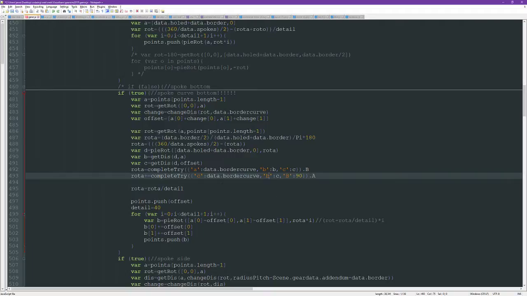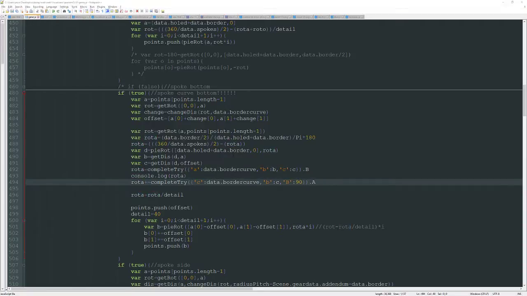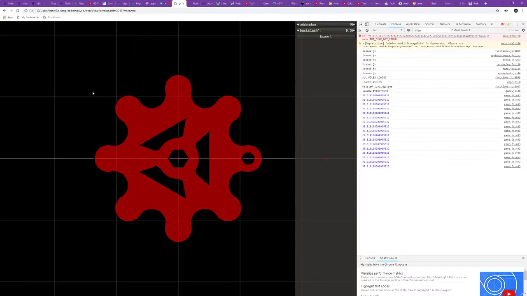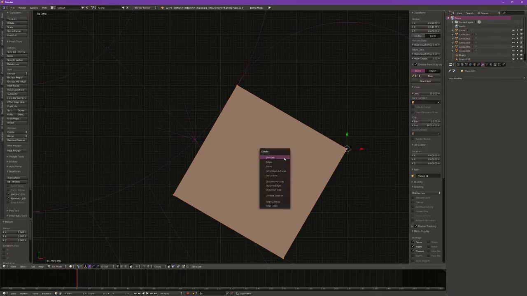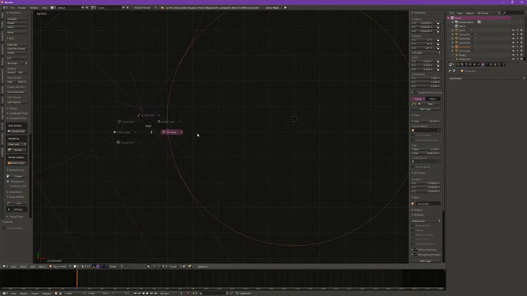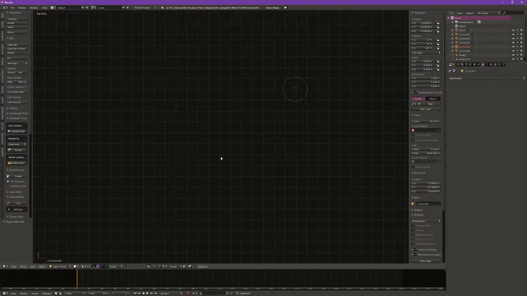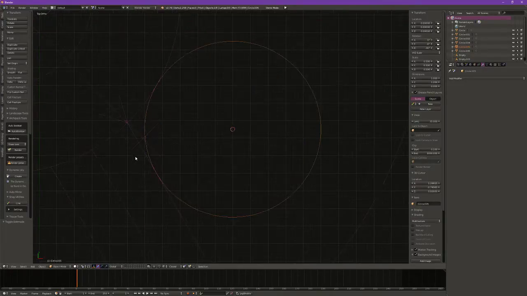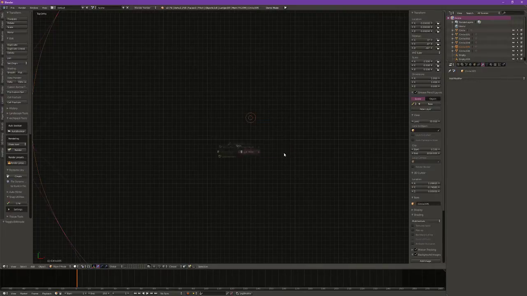Now we're pushing in an initial. What are these? What's that one? 30. What should it be? Why does that look off center? Whatever.